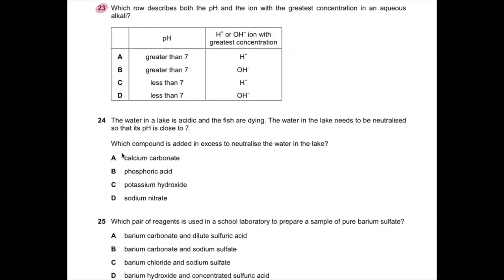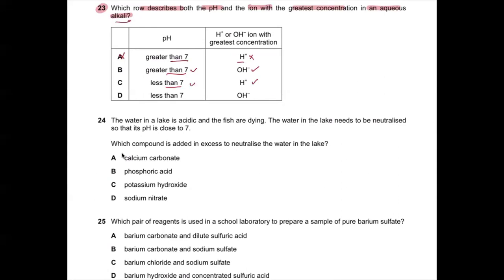Now, MCQ number 23. Which row describes both the pH and the ion with the greatest concentration in an aqueous alkali? pH greater than 7? No. If the pH is greater than 7, hydroxide ions are greater. pH less than 7, hydrogen ions are greater.